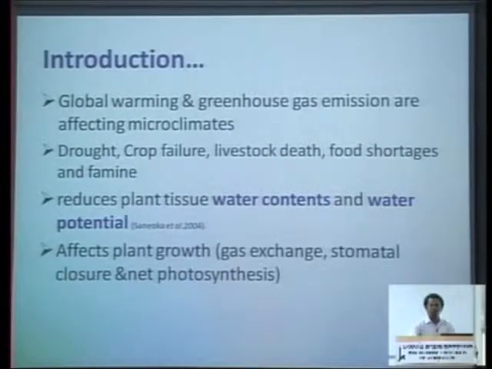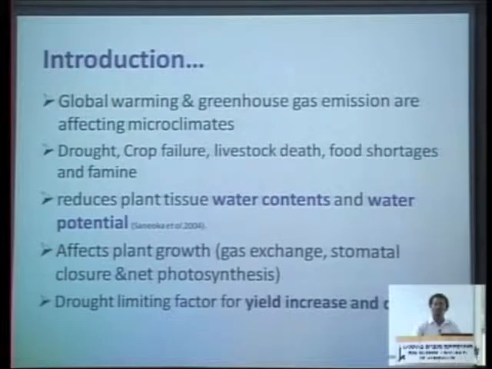If the amount of water in the plant is reduced and the water content of the leaf especially is decreased, the general plant growth will be reduced as a result of reduction in gas exchange, reduction in stomatal opening, as well as reduction in photosynthesis.